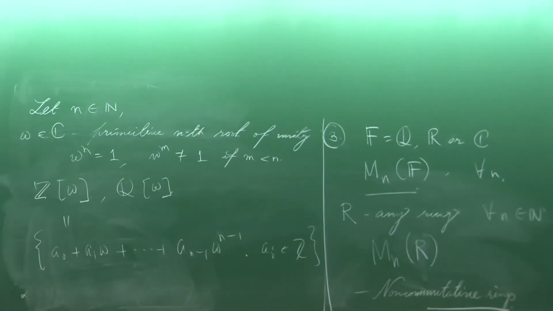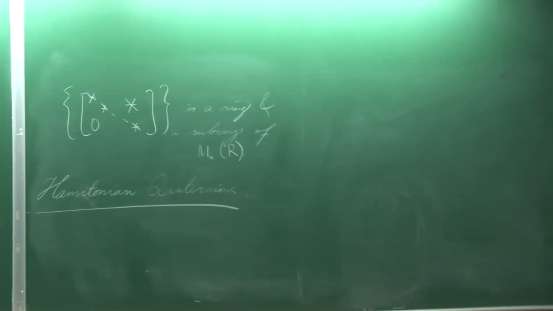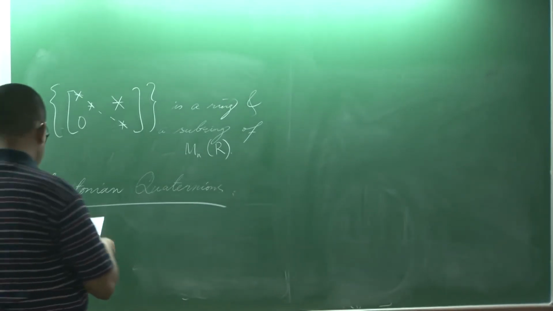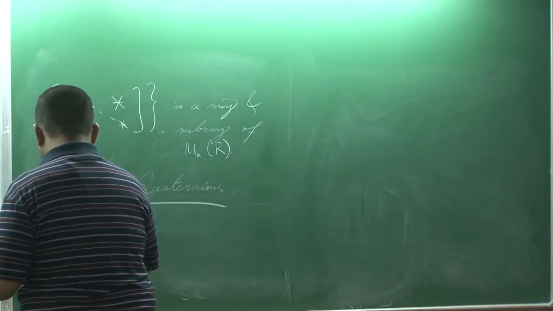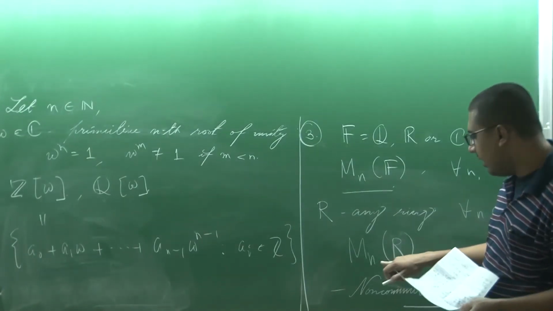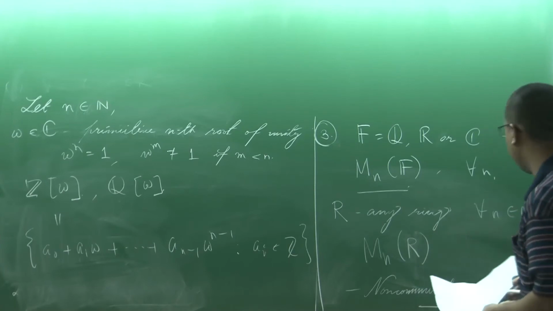So, this is one of the very important rings of matrices. What we do here is the following: n is going to be 2 and R is going to be our field of complex numbers.